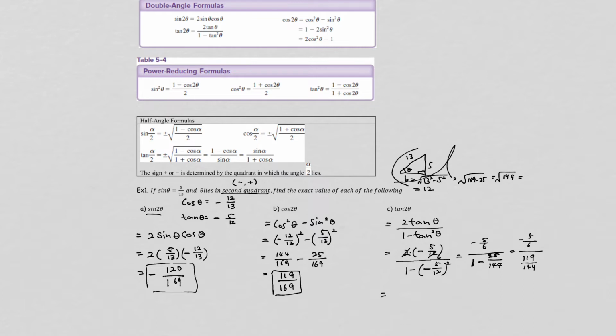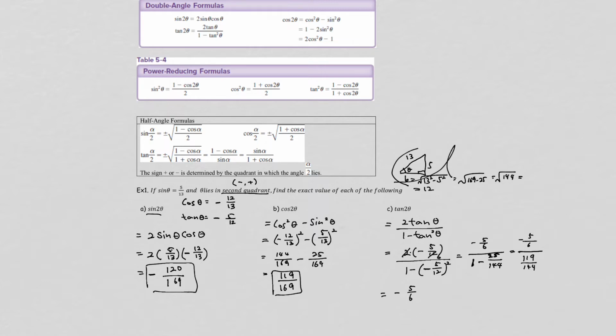So if we simplify the complex fraction, this is dividing by 119 over 144. Division, we can change to multiplication and flip the second fraction.